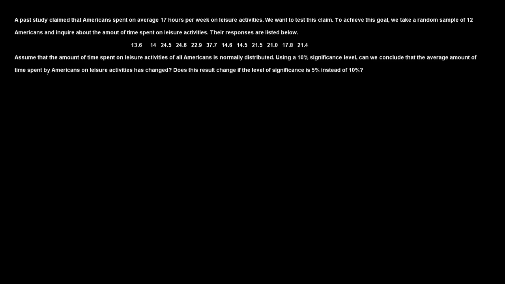When we are doing hypothesis testing, we know we need some sort of standard deviation and some sort of mean. In this case, they're both going to be based on the sample, because all we have is sample data. We don't know anything about the population except that it's normal. So we have to calculate the sample mean and sample standard deviation from this set of 12 data points.